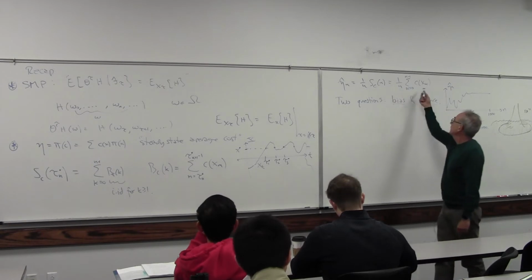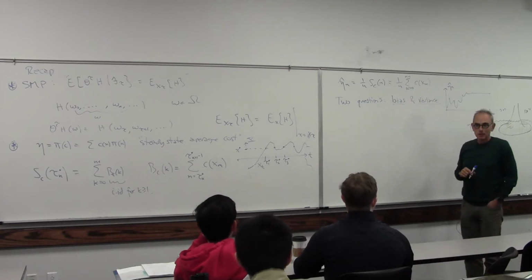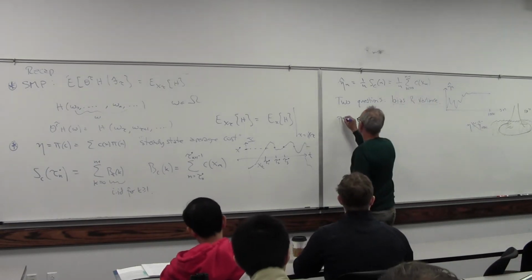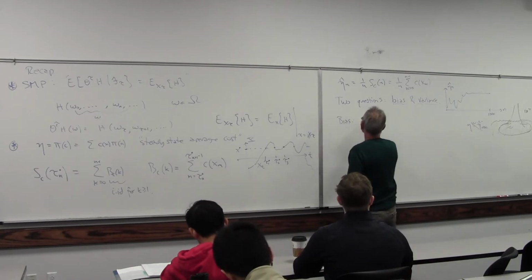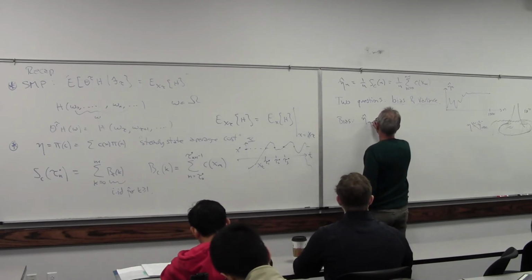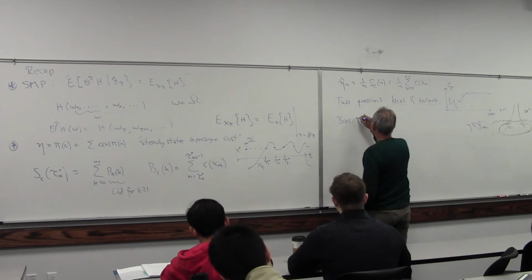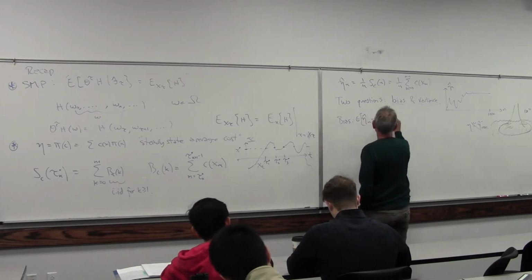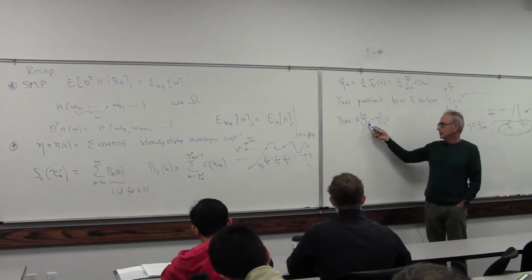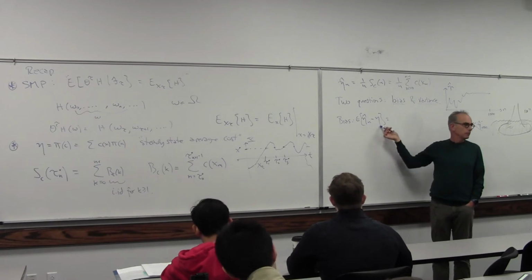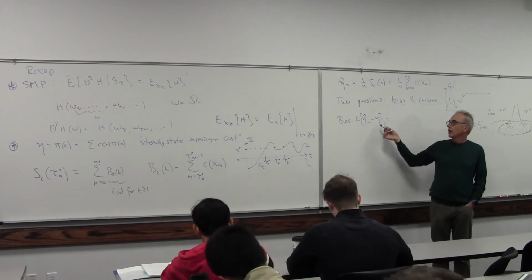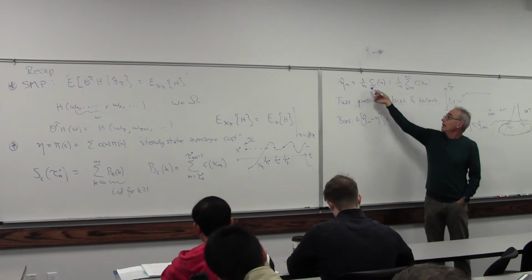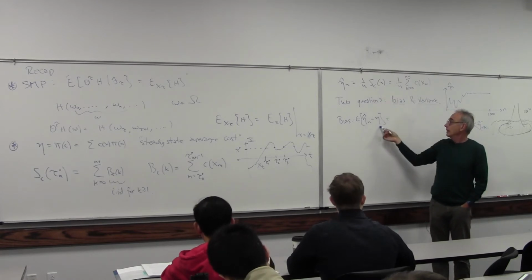There's my estimator. Take the expectation to get the bias. By definition, the bias is the expected error. So I've got the estimator at time n minus the thing that I want it to be.